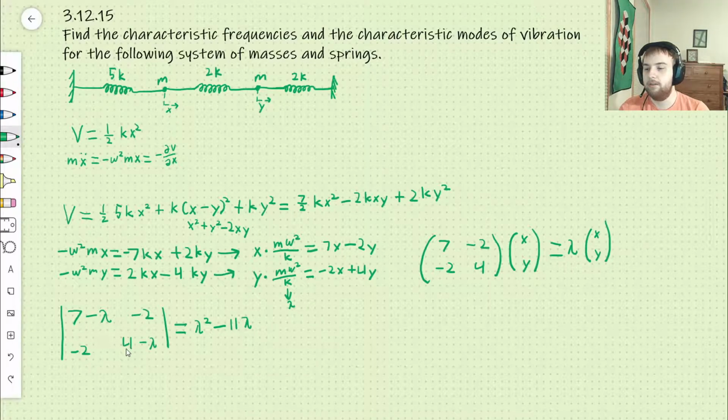Then we multiply these two together, 28, and we subtract 4 from the 28. So this factors out to give us lambdas that are equal to 3 and 8.